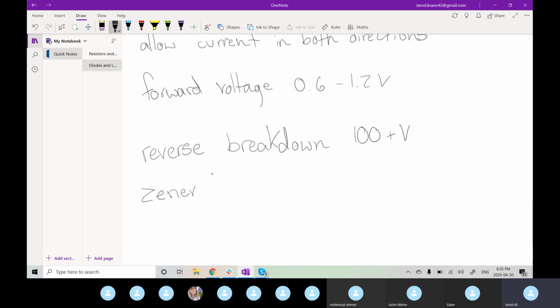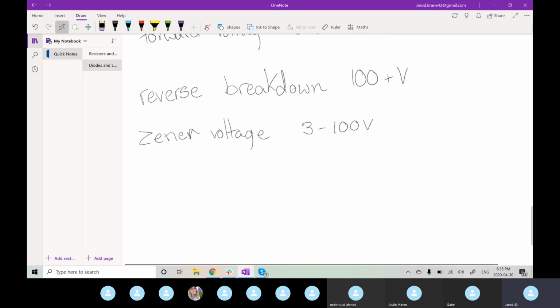Depending on the diode you have spec'd, the Zener voltage can be 3 to 100 volts, or -3 to -100.